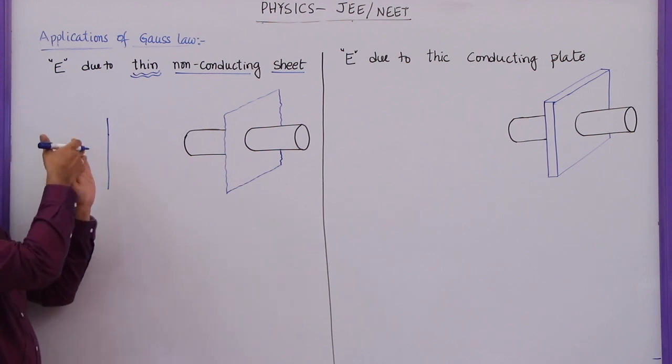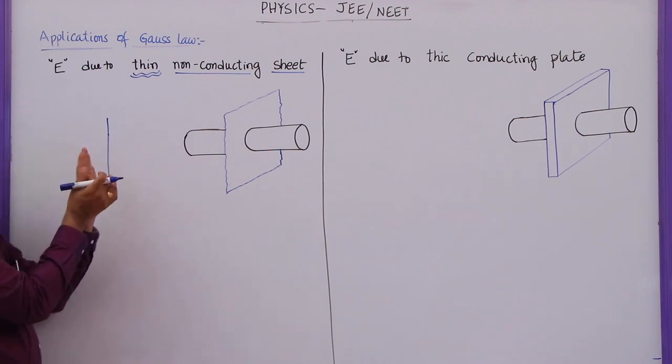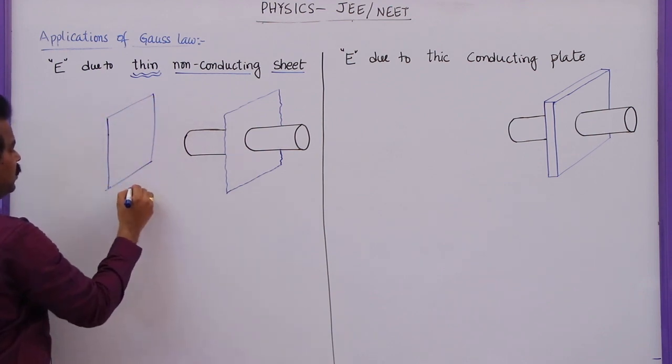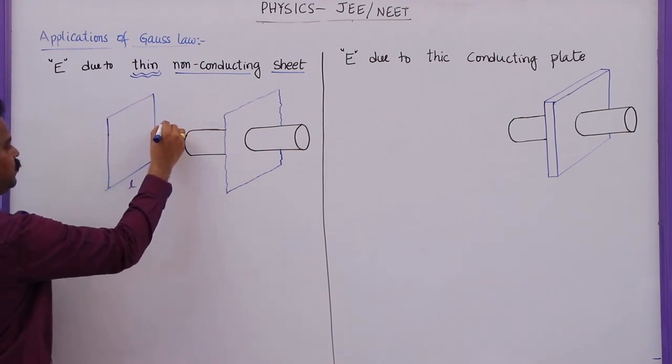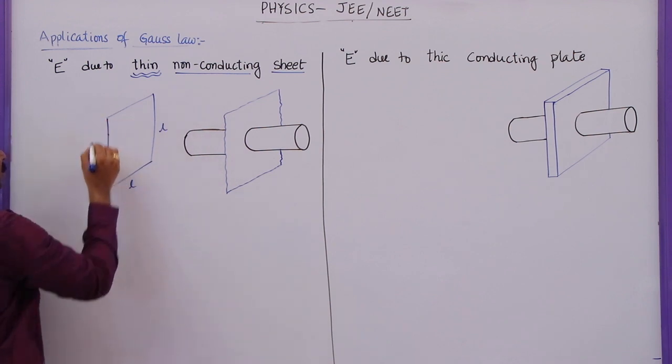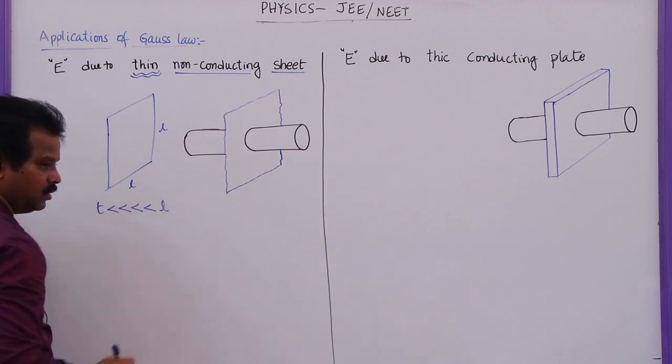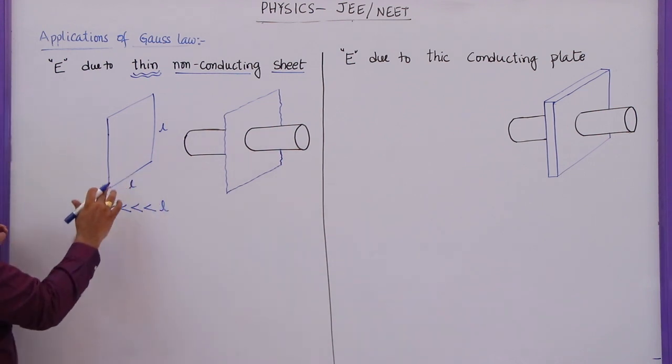That means within the surface. Thickness is negligible. So if you take this sheet like this, let the length of this one be L, height of this one be L, and thickness is negligible. Thickness is very less when compared to the side here.